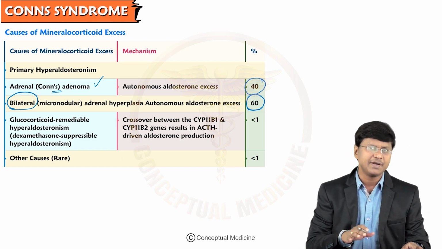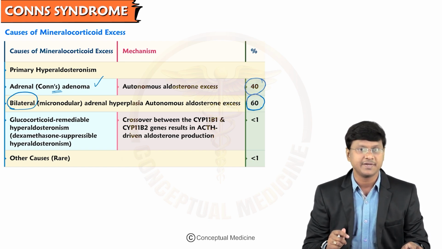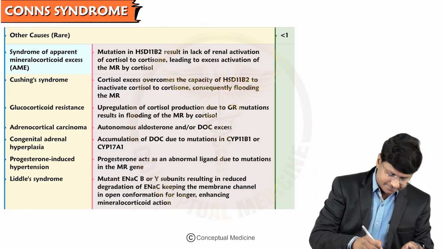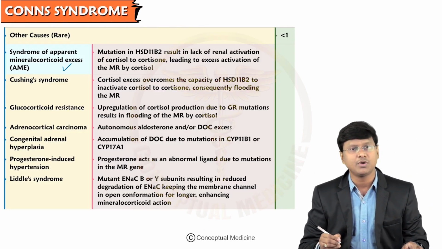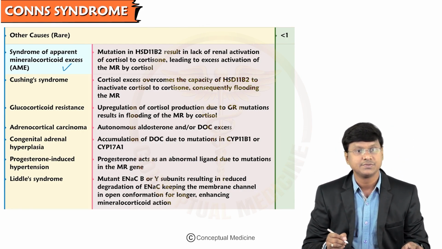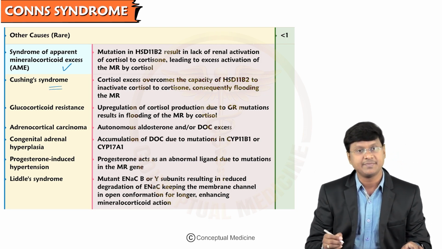Apart from that, we also have some rare causes of primary hyperaldosteronism. The rare causes include, number one, syndrome of apparent mineralocorticoid excess. Number two, Cushing syndrome can also cause hyperaldosteronism.